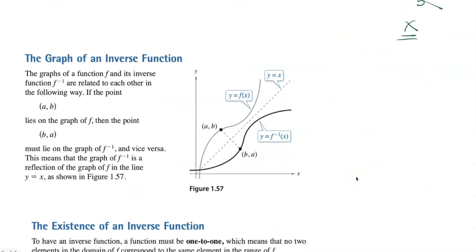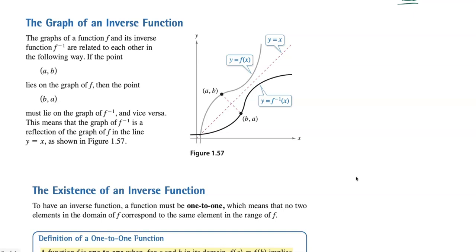Okay, what about the graph of the inverse function? So remember what an inverse actually does. It switches x and y. If you see this little dotted line right here, that's y equals x. So if you're switching x and y, if you just switch the points, you should go across that line.